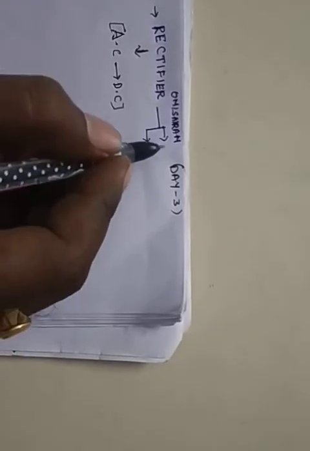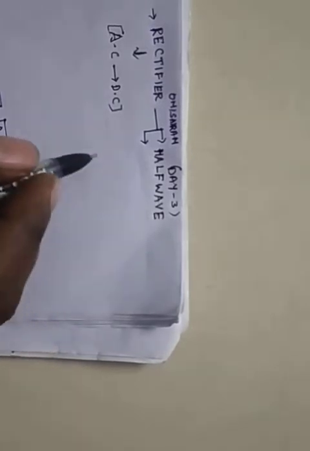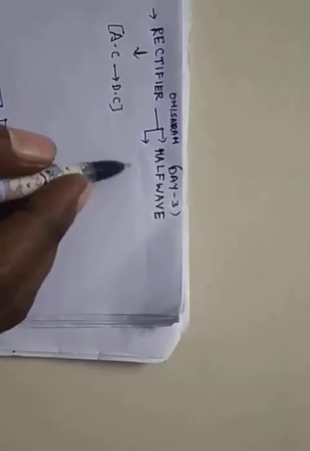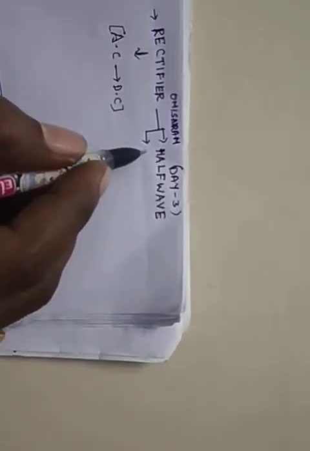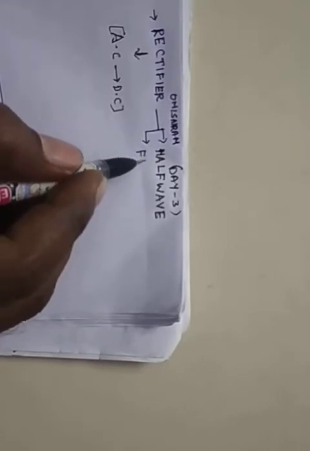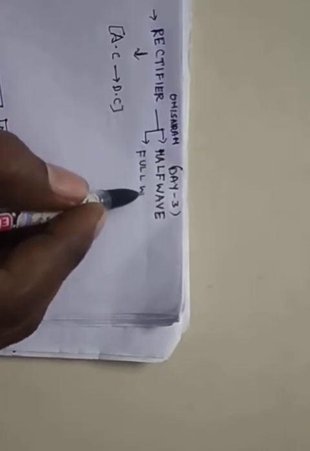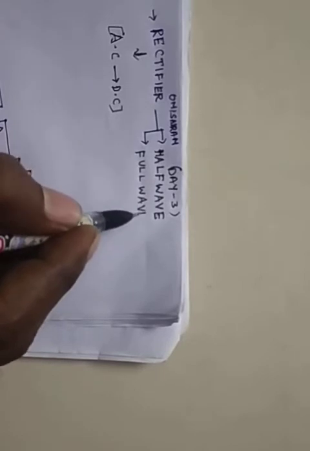So what types of rectifiers are present? There are two types of rectifiers. One is called the half wave rectifier, and the other one is called the full wave rectifier.